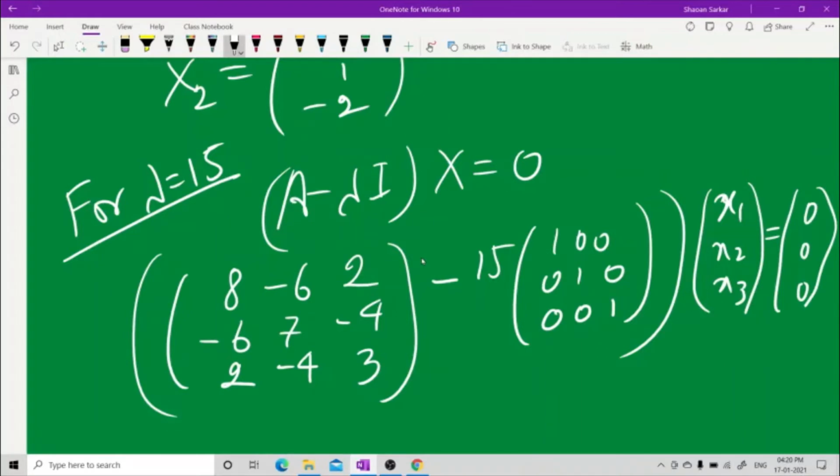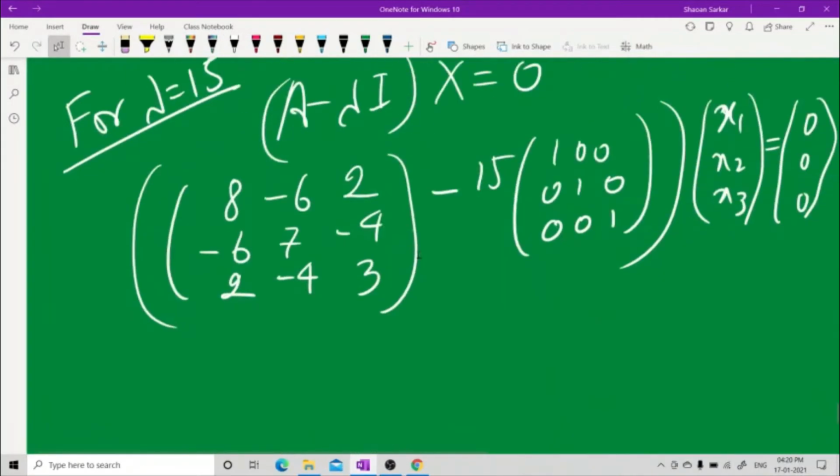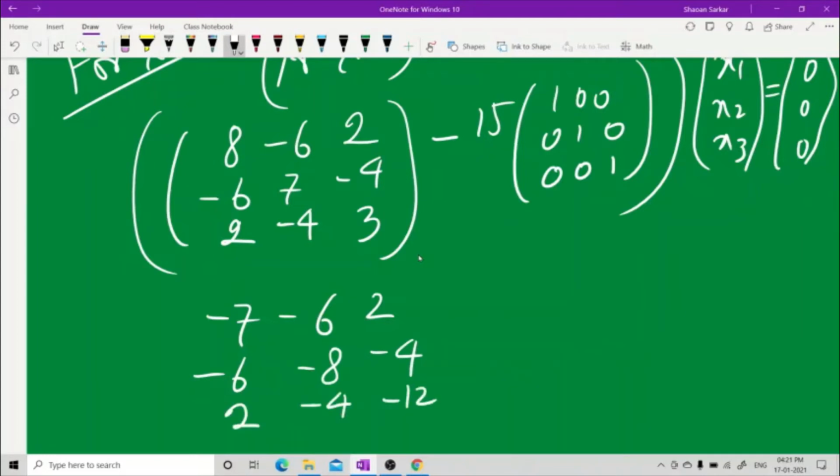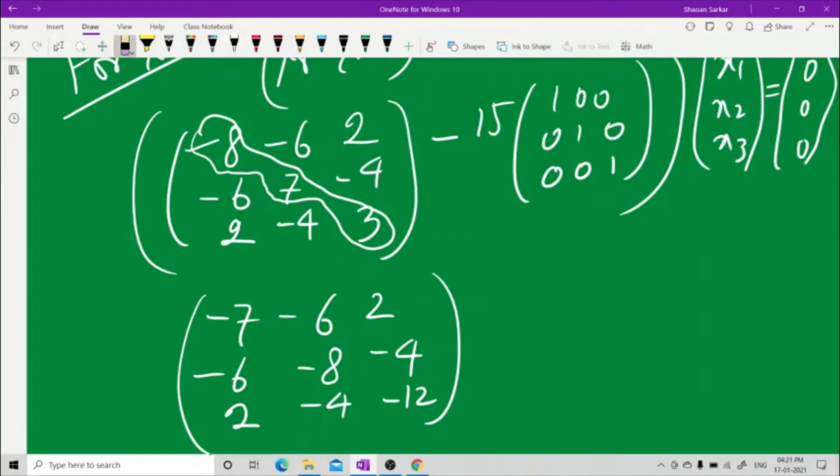Now just subtract the diagonal elements. 8 minus 15 will give me minus 7, 7 minus 15 will give me minus 8, and 3 minus 15 will give minus 12, because I have to just subtract the diagonal elements only in this case. I hope you have understood.